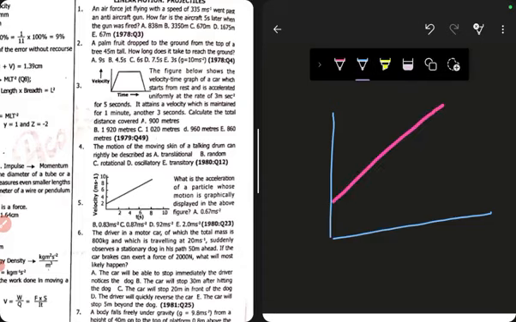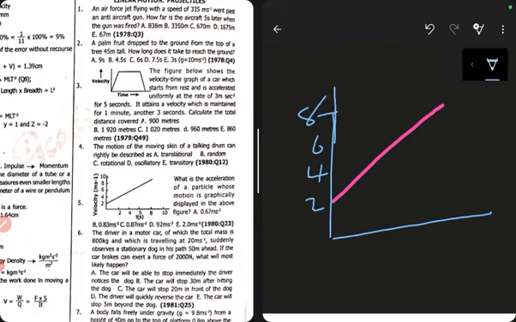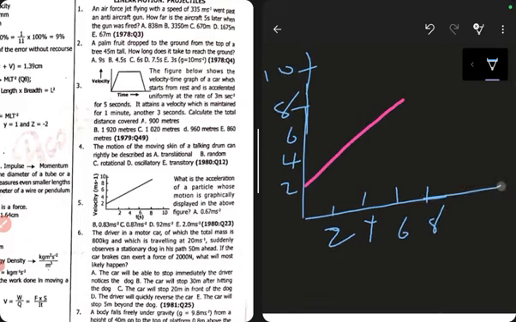So I have 2, 4, 6, 8, and 10. And then here we have 2, 4, 6, 8, and also 10.